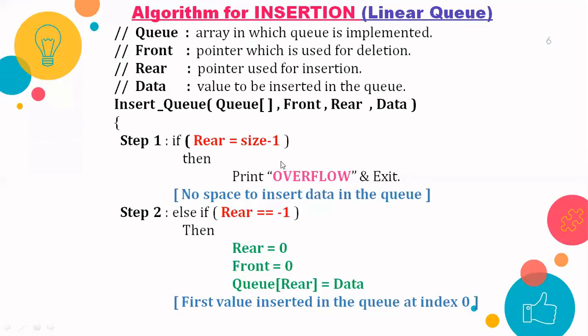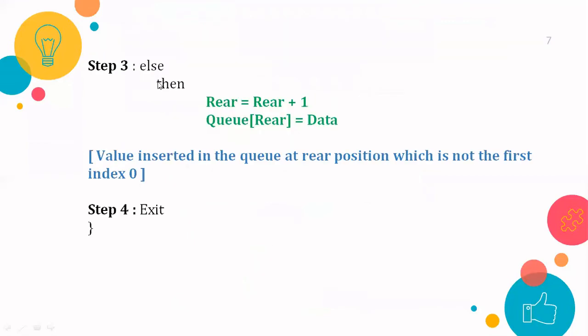Now coming to the third case, which will come in the else condition. This is the case when there are already some elements available in the queue. It can be any position. Let's say earlier rear was pointing to the third index. Now if we want to insert an element at the fourth index, then rear will first be incremented.